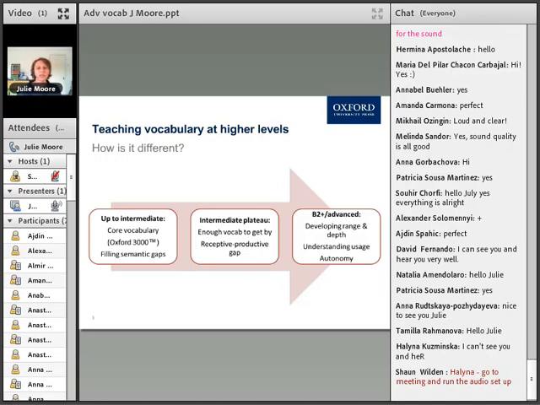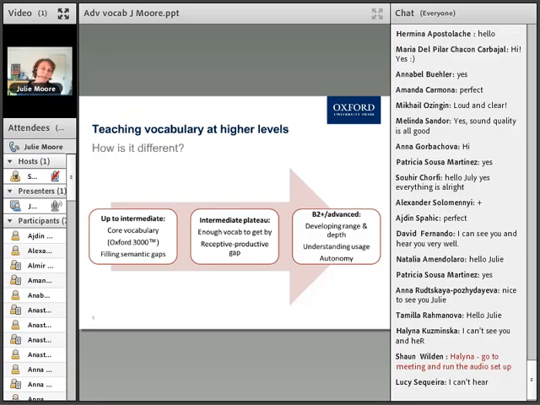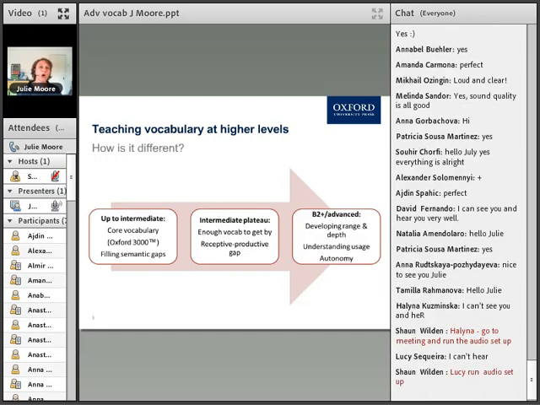Okay, so how is teaching advanced vocabulary different to teaching lower levels? If we take a step back and look at the pre-intermediate stages of learning, as students are starting to learn English, they're mainly developing a core vocabulary. So the most common useful words in the language that we need to explain basic concepts.